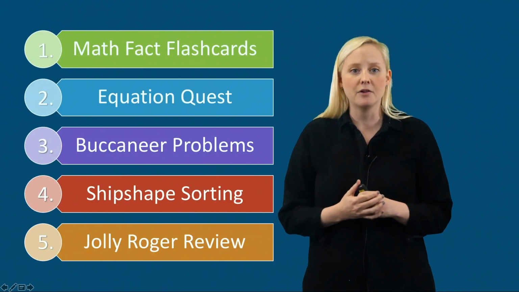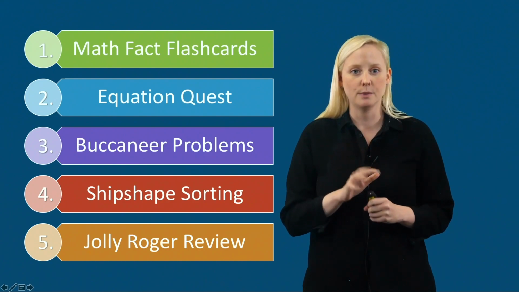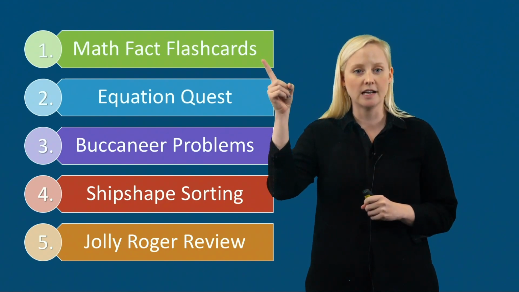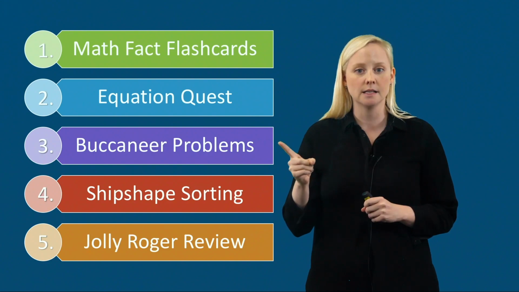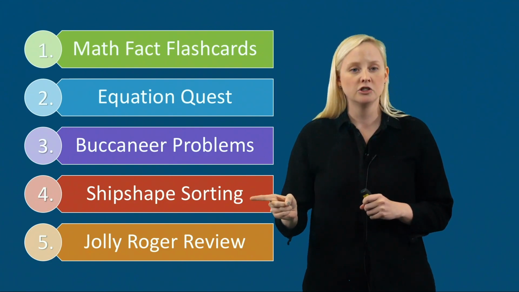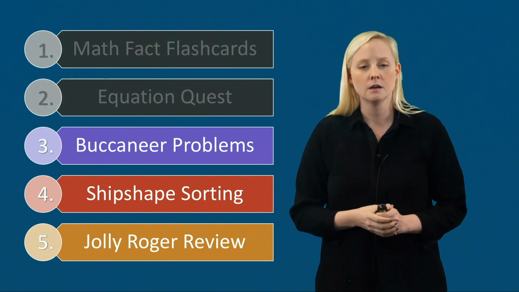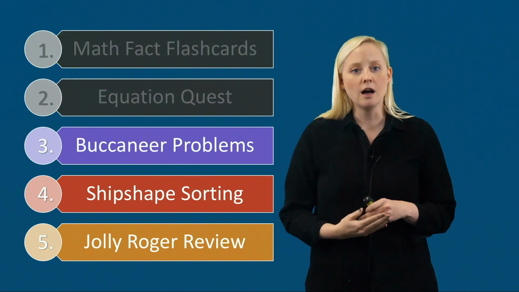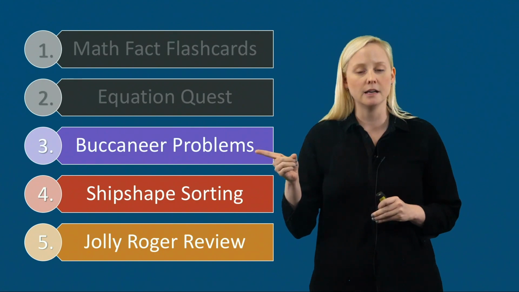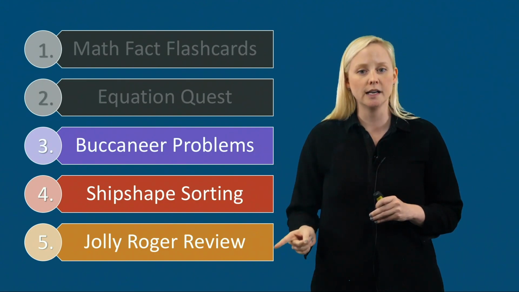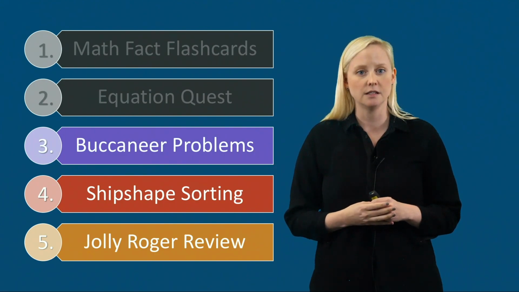Every lesson in Pirate Math Equation Quest has 5 components. We have Math Fact flashcards, Equation Quest, Buccaneer Problems, Ship Shape Sorting, and the Jolly Roger Review. Notably, we talk about total problems in the Buccaneer Problems, Ship Shape Sorting, and Jolly Roger Review activities.